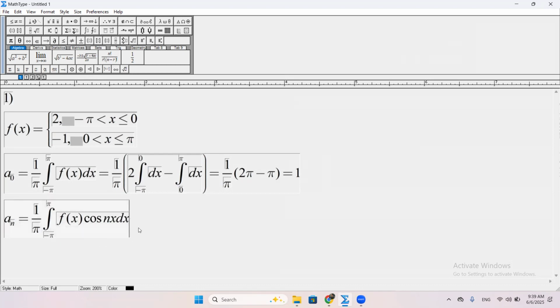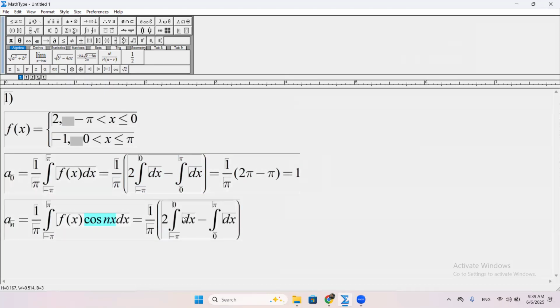Now let's calculate an. Multiplying the function by cosine of nx, I will copy and paste this expression. And now let's integrate this function.